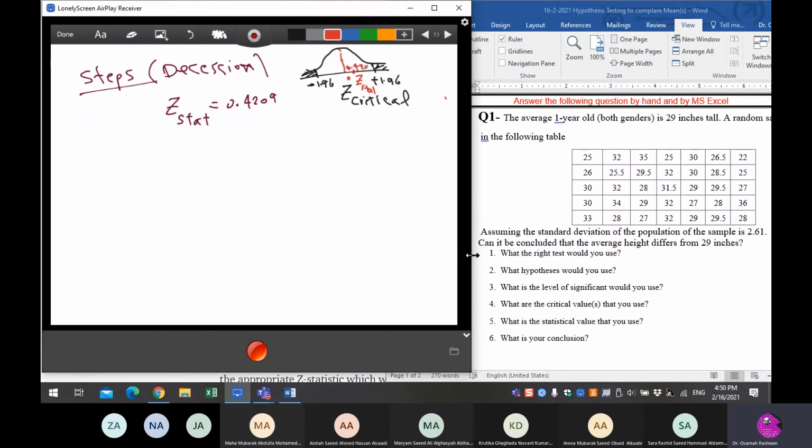So does it lie in the acceptance area or the rejection area? It lies in the acceptance area of H naught. So it means you will accept H naught.